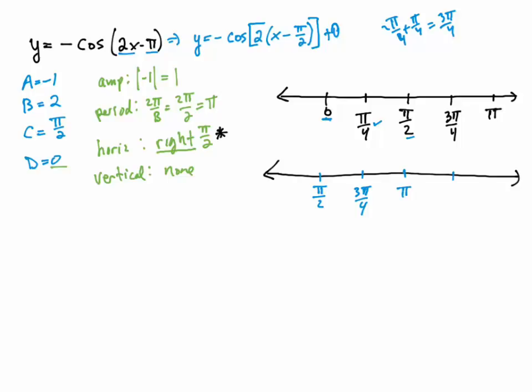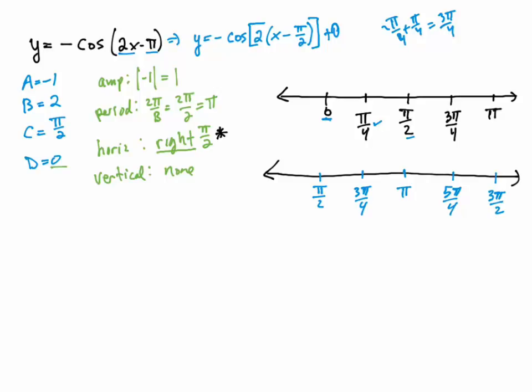3 pi over 4 plus pi over 2. Well, this gets us common denominator, 2 pi over 4, 5 pi over 4, and then pi over 2 plus pi is 3 pi over 2. So these are the new values that we're going to use on our graph.